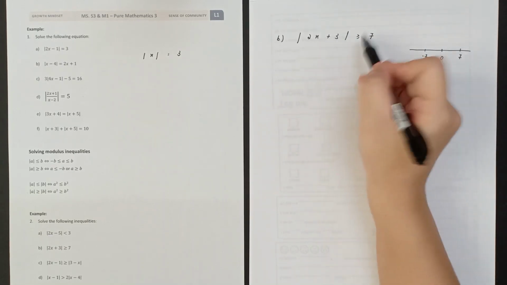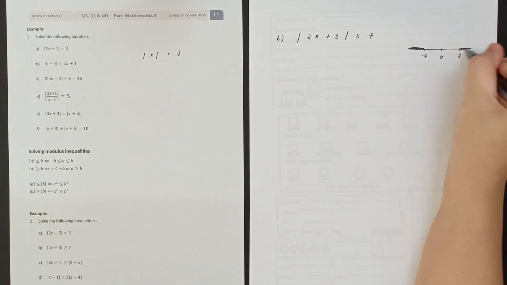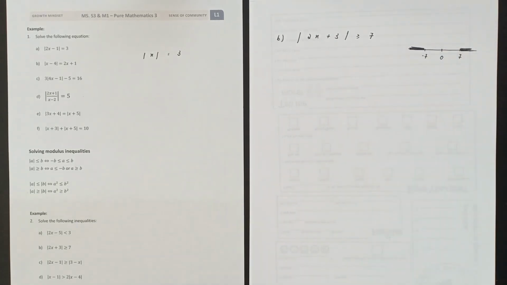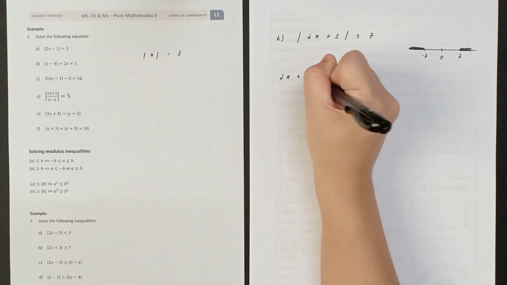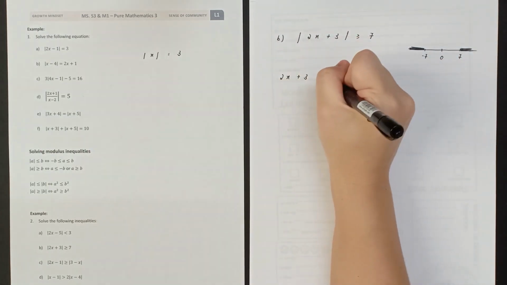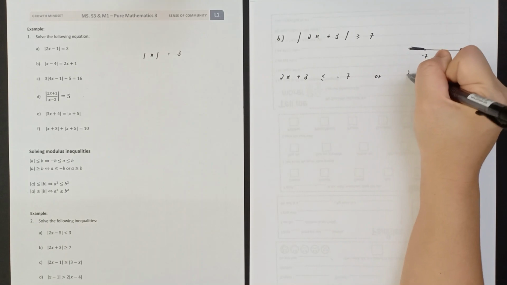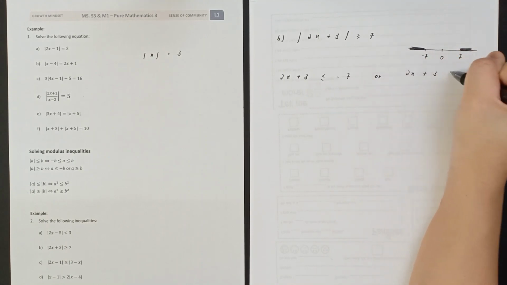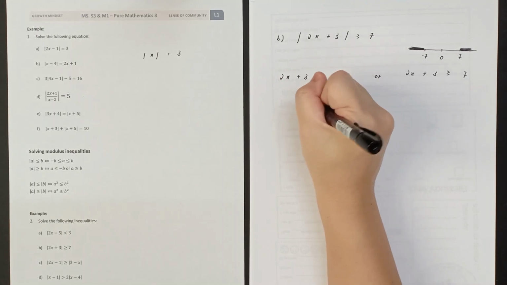Since you want more than, you know that you are going to find this part and this part. So you can straight away write your two inequalities: 2x plus 3 less than or equal to negative 7, or 2x plus 3 greater than or equal to 7. Then you can continue.